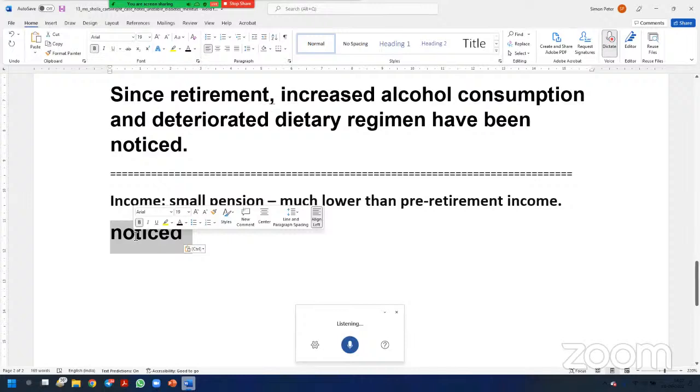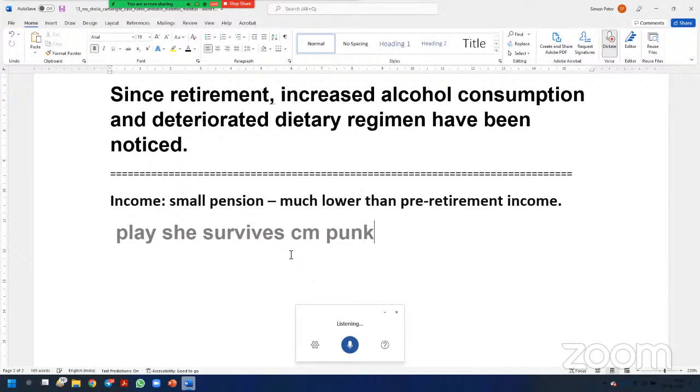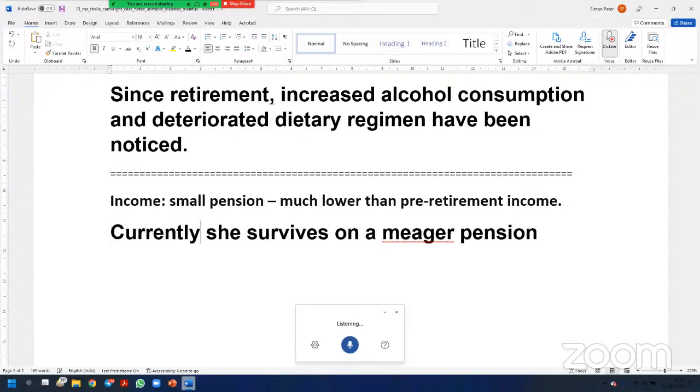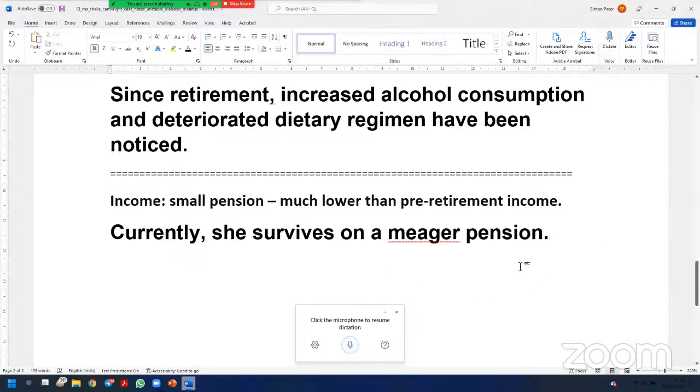Currently she survives on a meager pension.